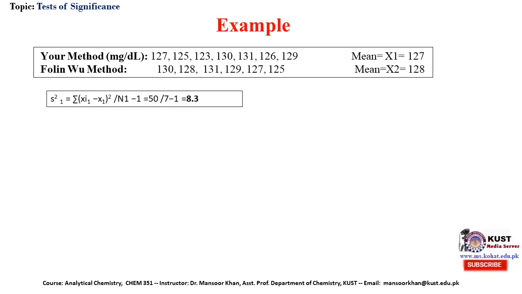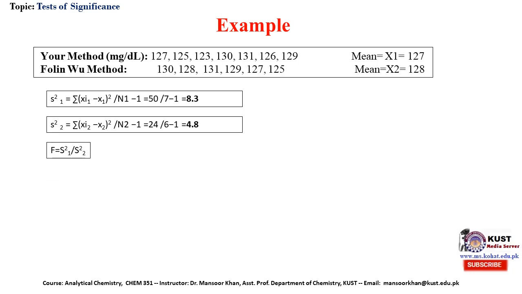Now the variance for your method is calculated using the equation, and the value obtained is 8.3. The variance of the Falun Wu method is calculated and the value is equal to 4.8.